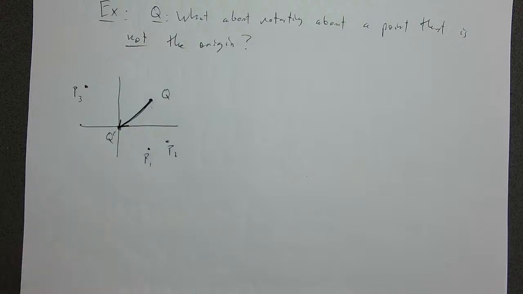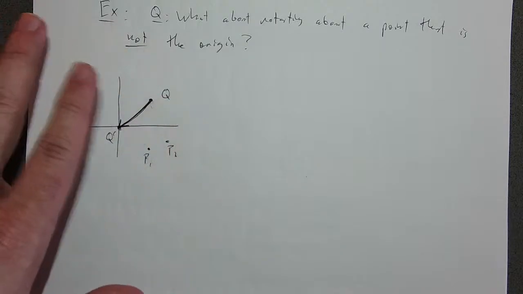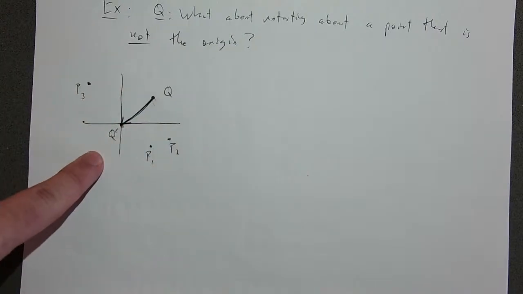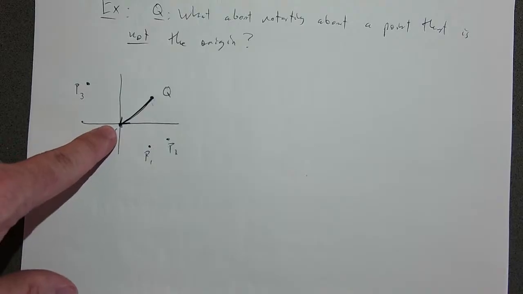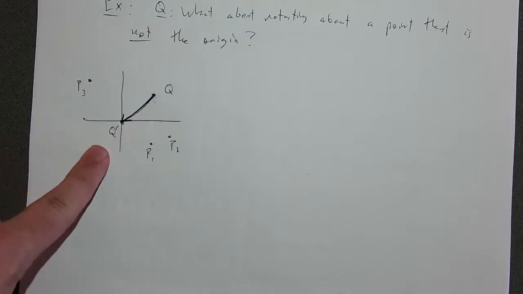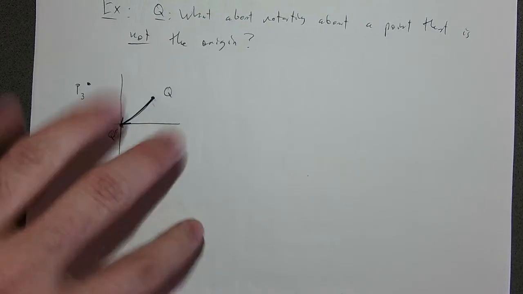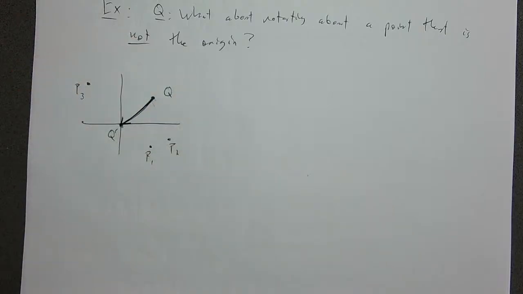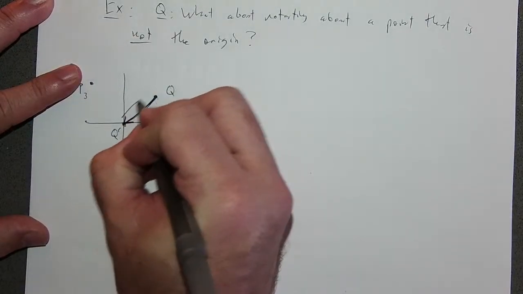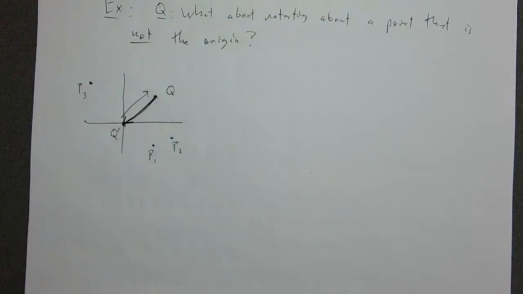Now that it's at the origin, I know what rotation about the origin looks like. So I do the rotation I want to do, and then once I'm done, I shift back via a translation in the opposite direction, the same distance and length but opposite direction.